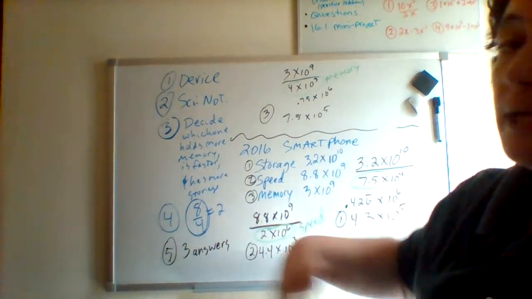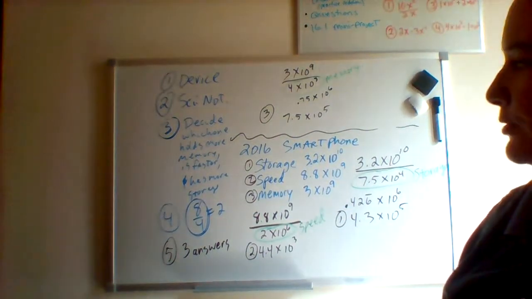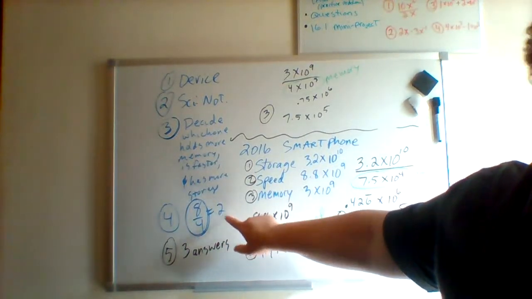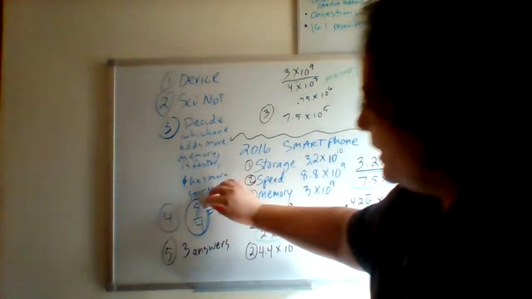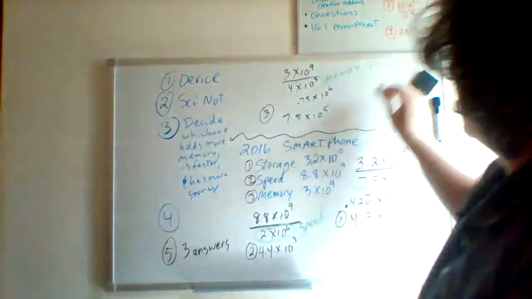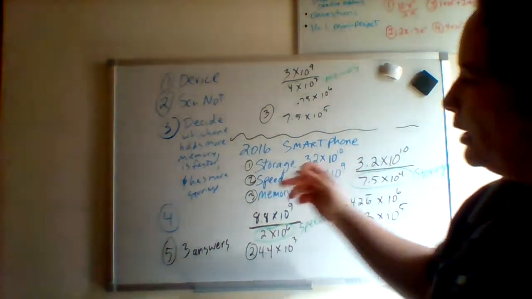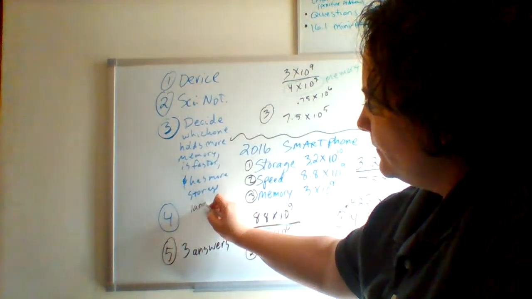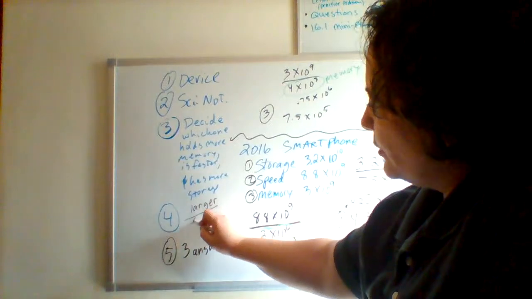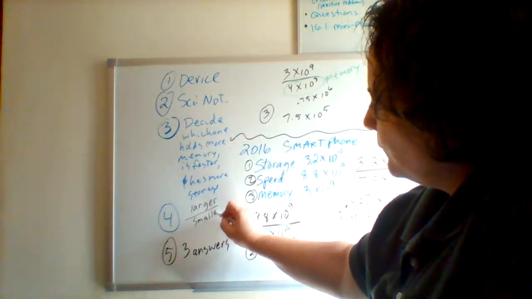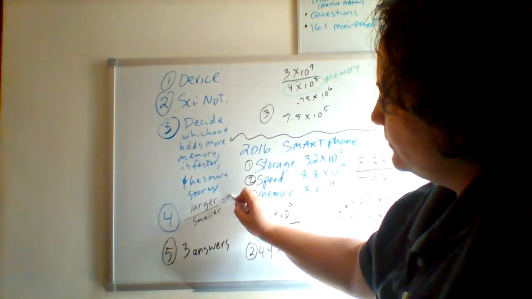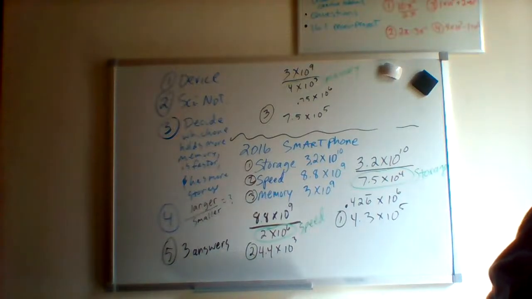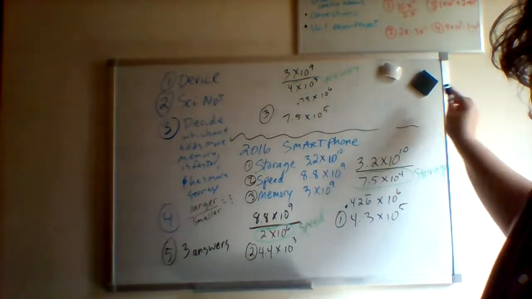Divide them. Divide the larger by the smaller, so that you know how much more times bigger one is than the other.